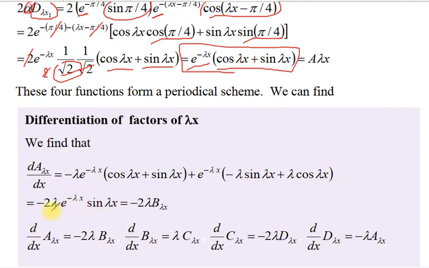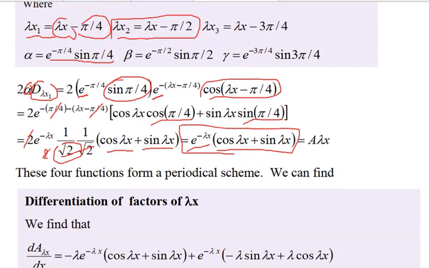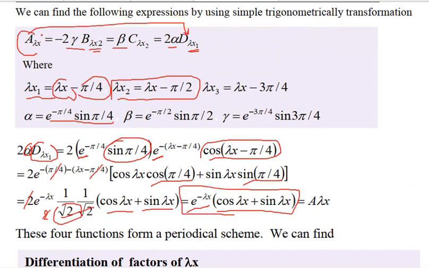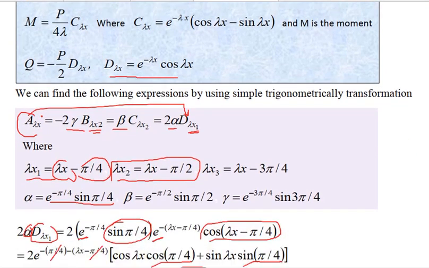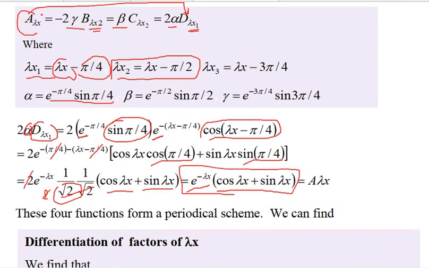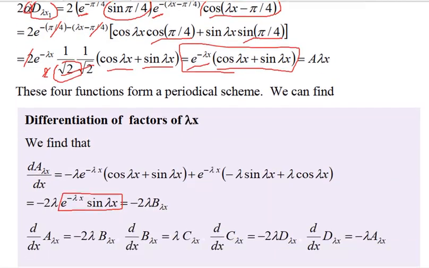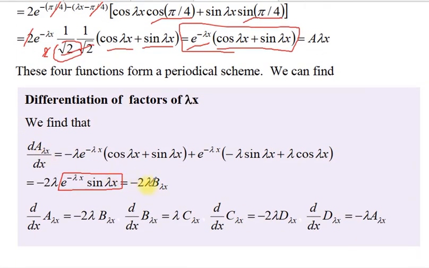This expression e to the minus lambda x sine lambda x is equal to B lambda x. Instead of e to the minus lambda x sine lambda x, we can use B lambda x, so the derivative is minus 2 lambda B lambda x.